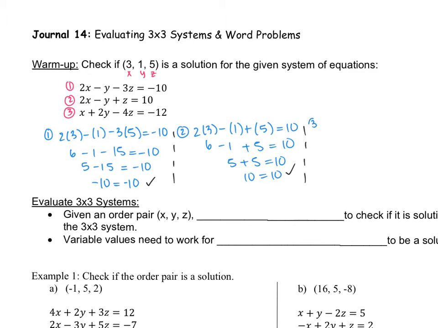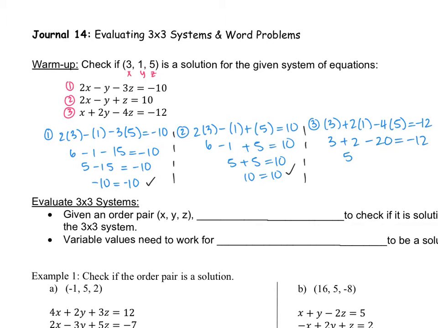If I take my third equation, x, which is 3, so plug in 3, plus 2 times y, minus 4 times z, and negative 12. I went ahead and plugged in my 3, my 1, and my 5 and wrote it out here. If I work this out, I have 3 plus 2 minus 20.